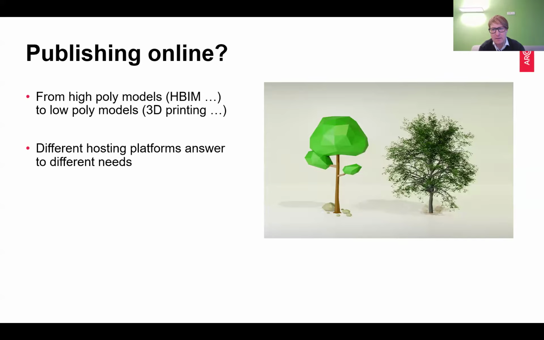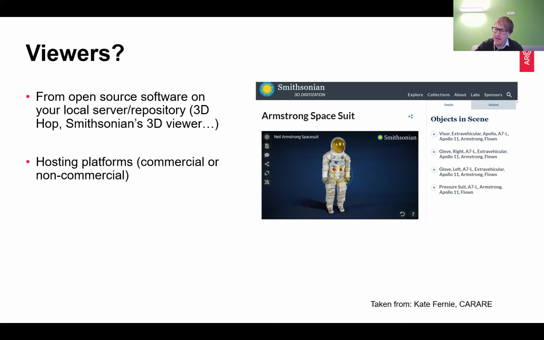Because of these differences, it's also worth considering that different hosting platforms are appropriate for different types of materials or different uses. The main challenge in publishing 3D content online is not publishing the textual data or the photos, but publishing the actual 3D model.